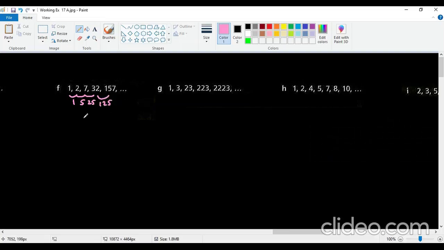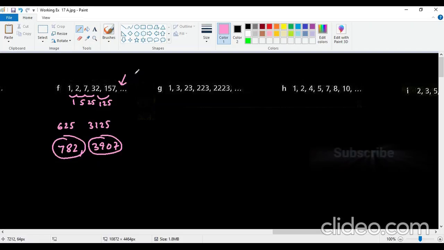After 125, times 5 is going to give me 625, and 625 times 5 is going to give me 3125. So 157 plus 625 is going to give me 782, and then 782 plus 3125 is going to give me 3907, which is going to be the next term after 157. Okay, so 782 is going to come here, and then 3907 is going to come here.